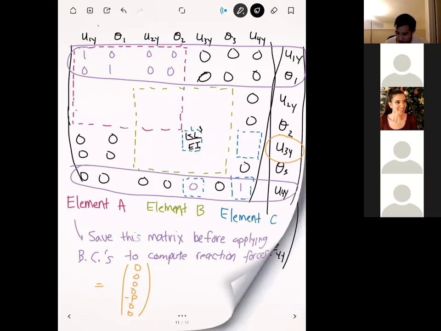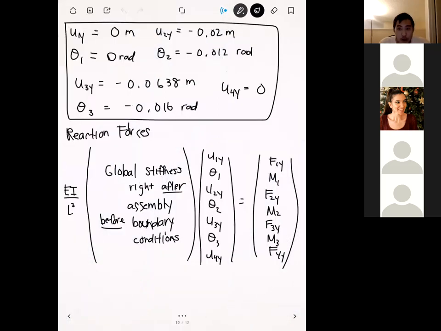Okay. And so after that, if we perform this multiplication, you get the following. F1y is equal to 37.23 kilonewtons. M1 is equal to minus 893.62 kilonewton meters.